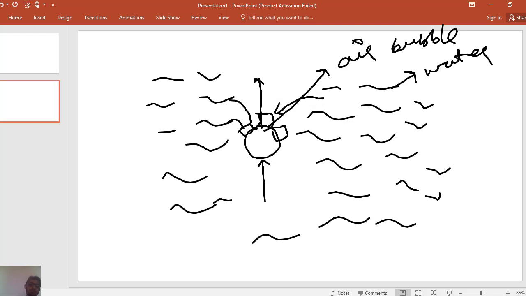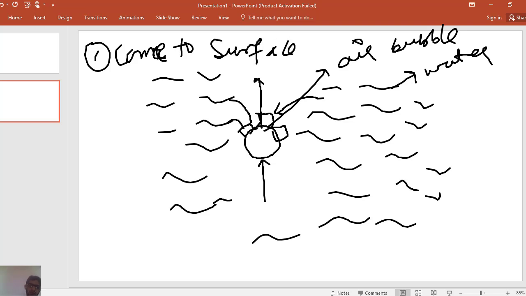First of all, the fluid element will come to the surface of the bubble. Then it will attach to the bubble. It comes from the bulk of the liquid.